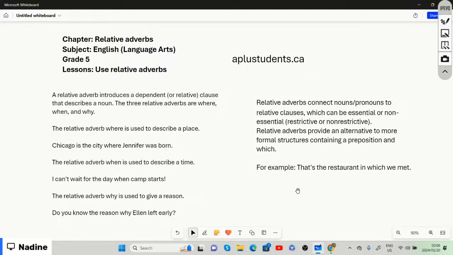All right, so relative adverbs, right? A relative adverb introduces a dependent or relative clause that describes a noun.